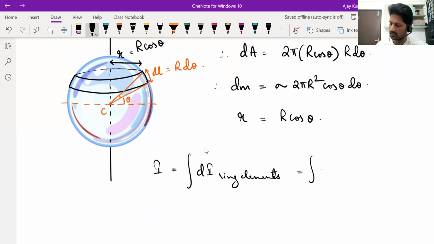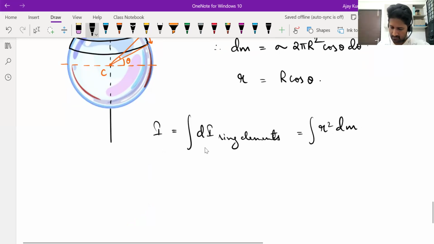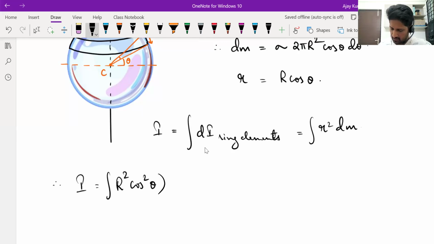R square dm. We'll substitute that here. Therefore, I becomes integral. If you square the radius, it becomes R square cos square theta. And then dm is sigma 2 pi capital R square cos theta d theta.